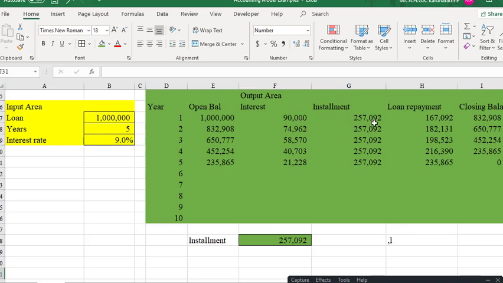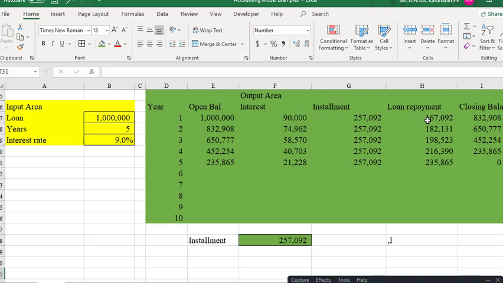You are paying 257,092 rupees as the installment. Out of this 257,092, the bank charged 90,000 as interest.